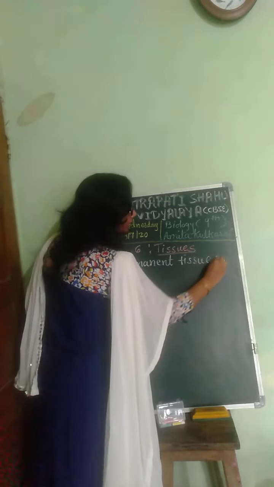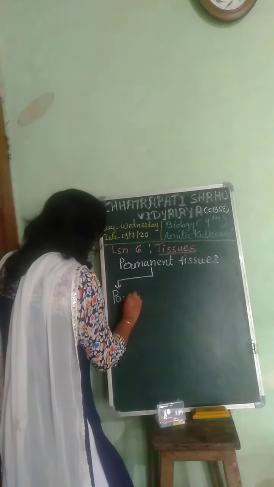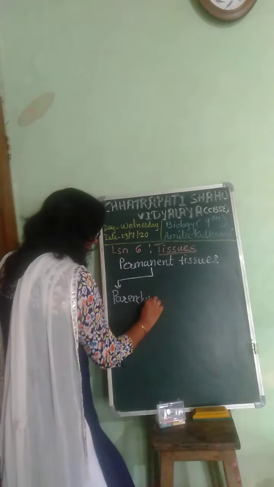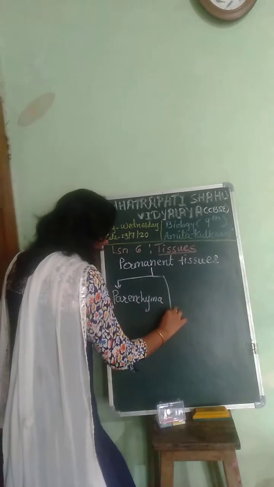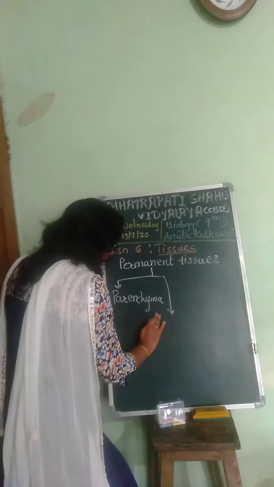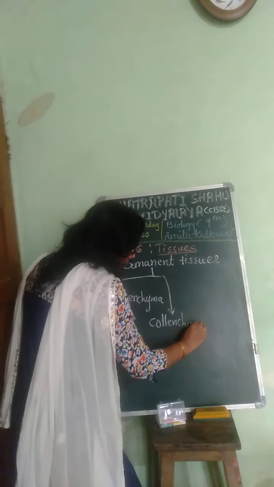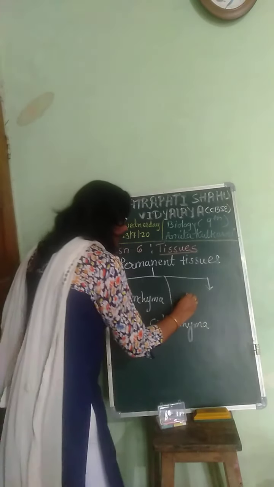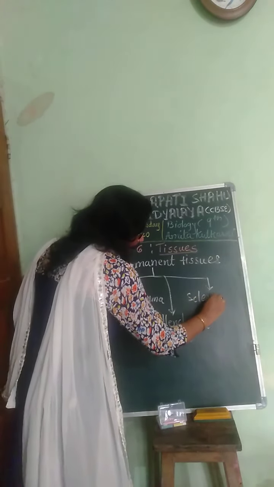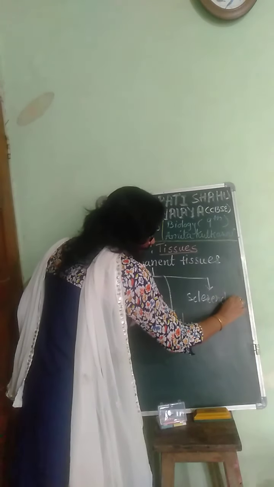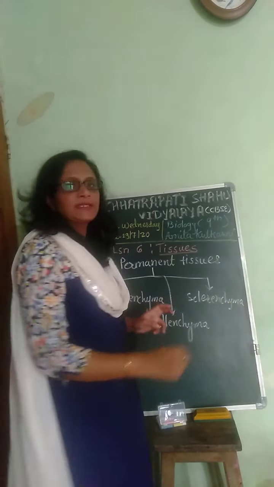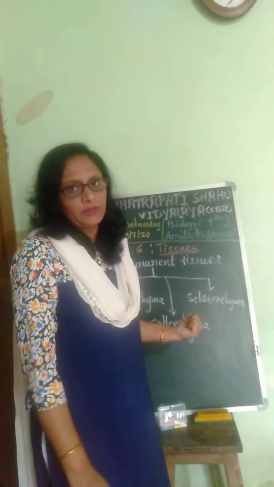So there are three types of permanent tissues. First is called parenchyma, second is called collenchyma, and third is called sclerenchyma. So these are the three types of permanent tissues.